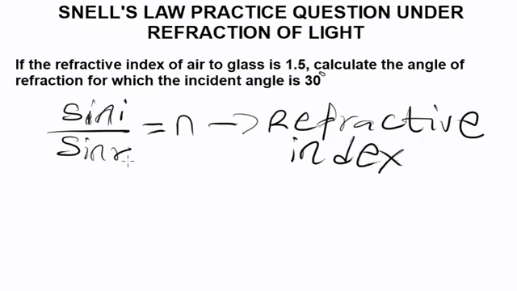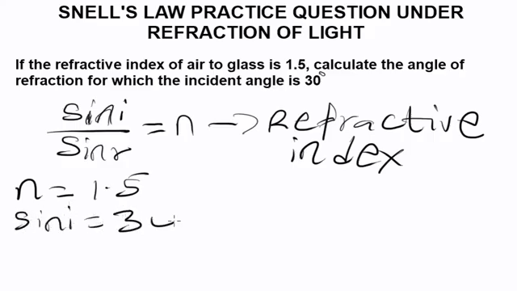Now for this question, we have the refractive index n to be 1.5. The incident angle i is 30 degrees, and we are asked to find the refraction angle, so r is unknown.